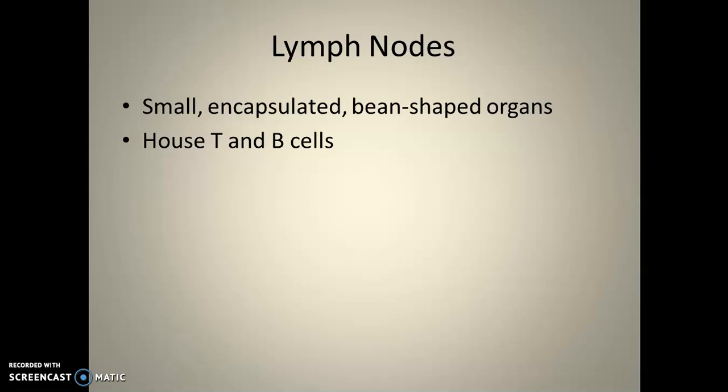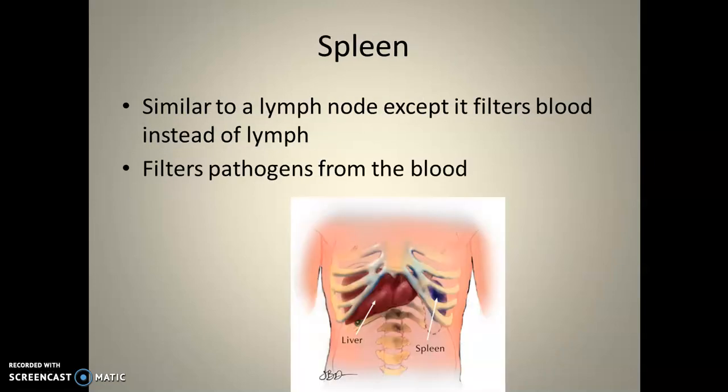The lymph nodes are small little bean-shaped organs, and their job is to house T and B cells, which are in charge of your third line of defense, the specific line of defense, which we'll talk about next time. The spleen is similar to the lymph nodes, but the other job that it has is that it actually filters your blood and filters pathogens from your blood.